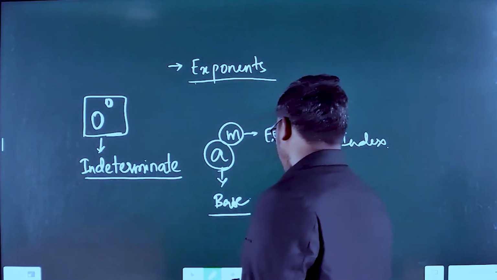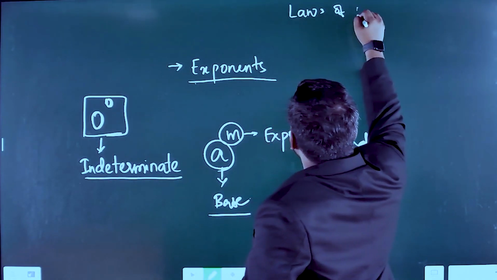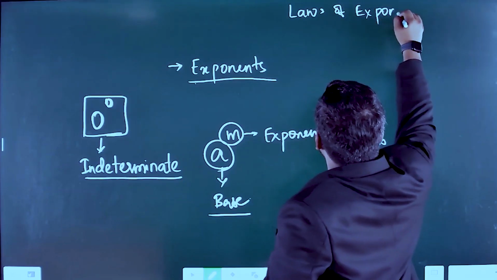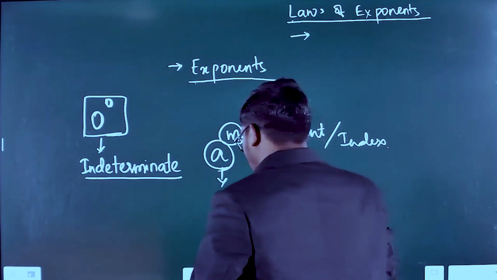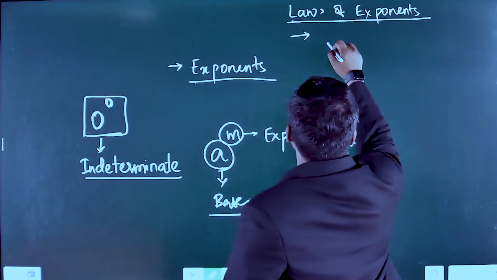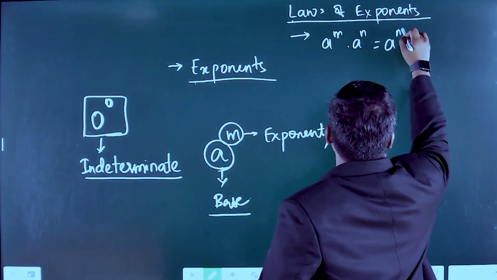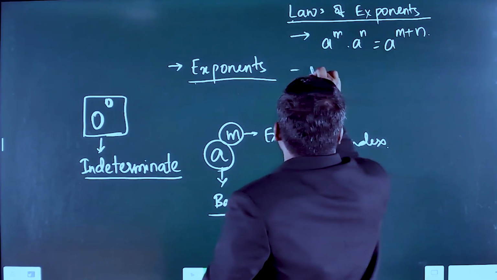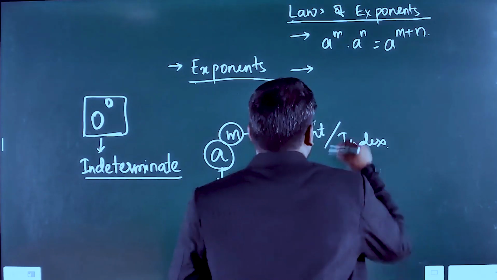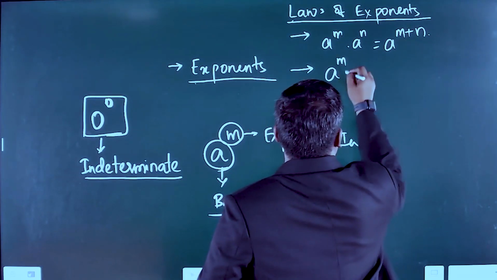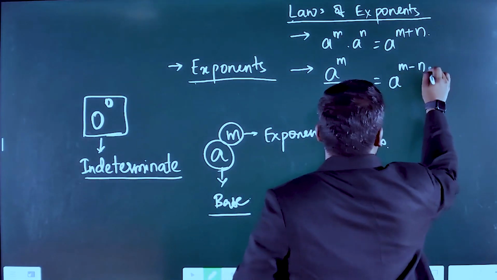For us to start with, we have laws of exponents. Laws of exponents include the first law, which is a power m into a power n is a power m plus n. Next, a power m by a power n is a power m minus n.